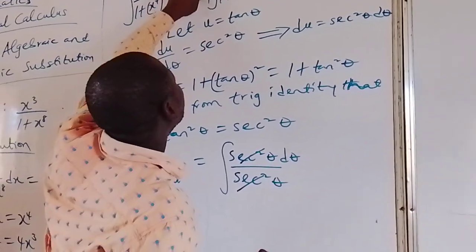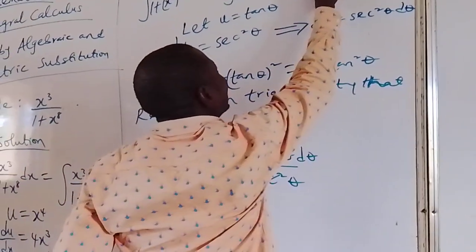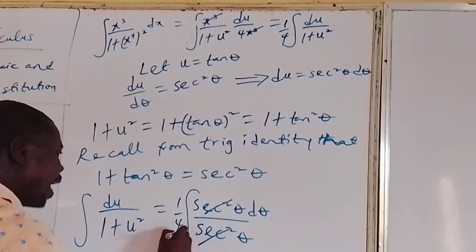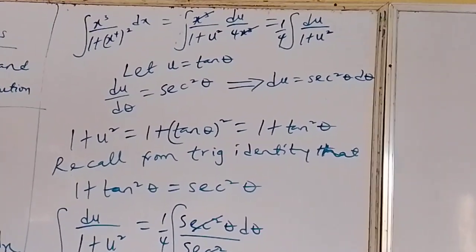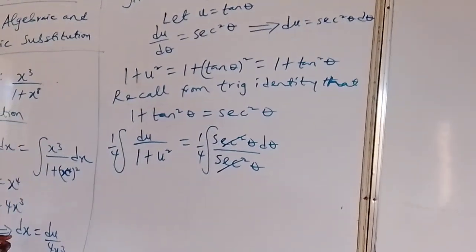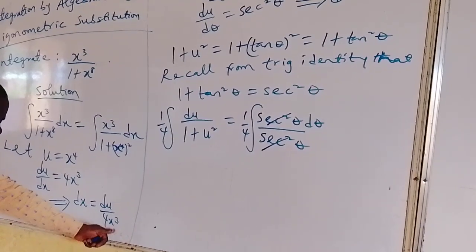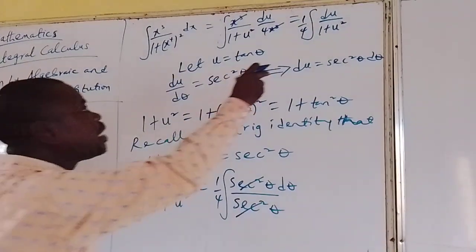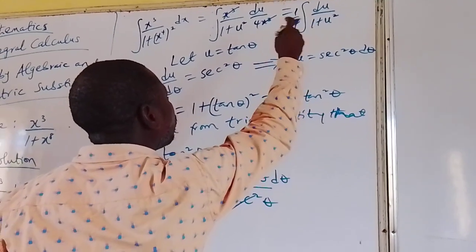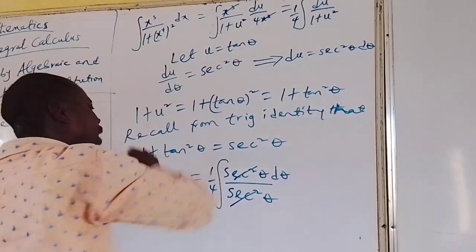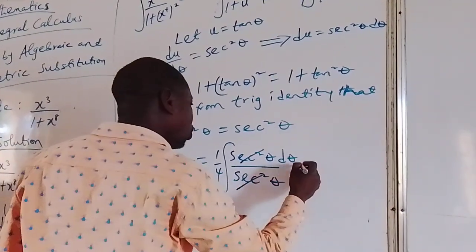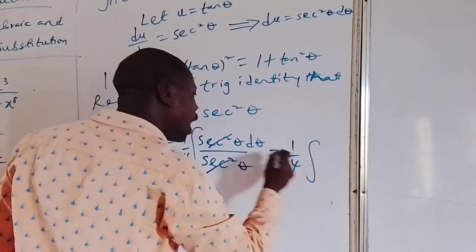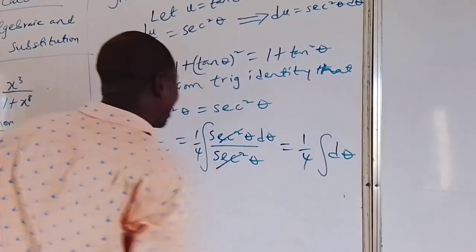So that 1 over 4 appears here because our dx is du all over 4x cubed. So that 1 over 4 comes out of that integral. So I will now be left with 1 over 4 integral of d theta.